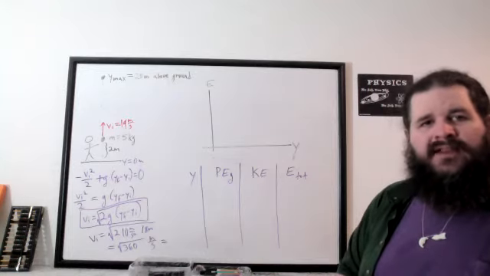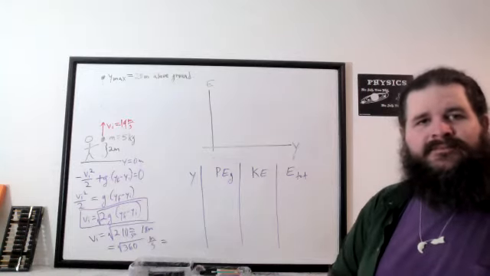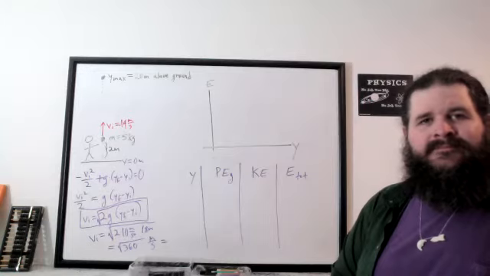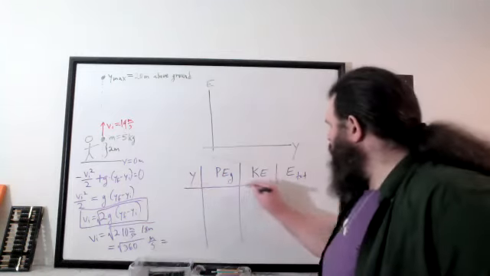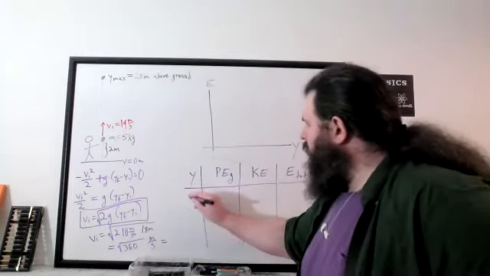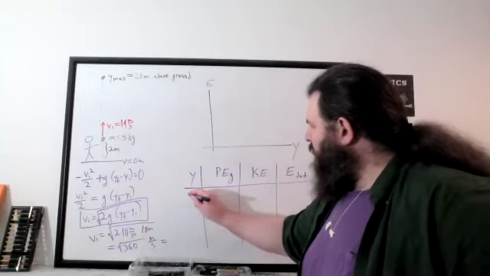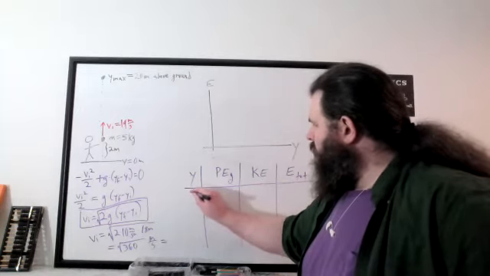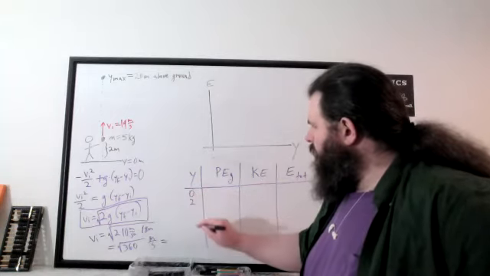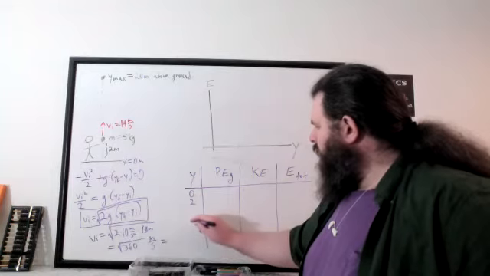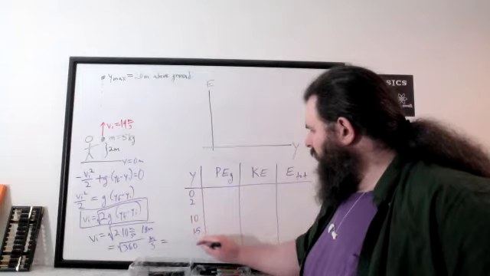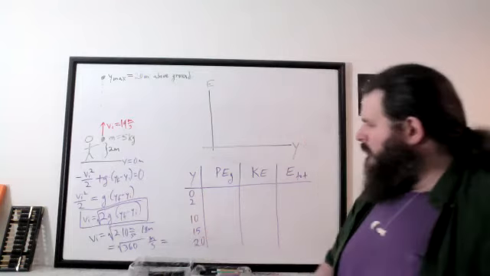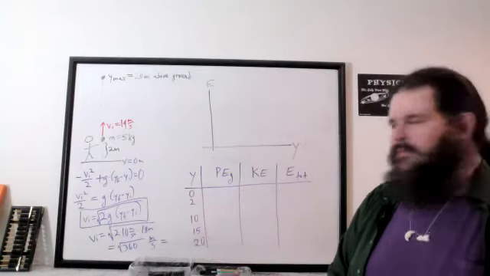What are the important heights we care about here? 2 meters and 20 meters. Yeah, 2 meters, 20 meters. I'm going to fill in a couple other values as well. Let's say 0 to, let's say also 10, 15, and 20, just to fill in some of the in-betweens.